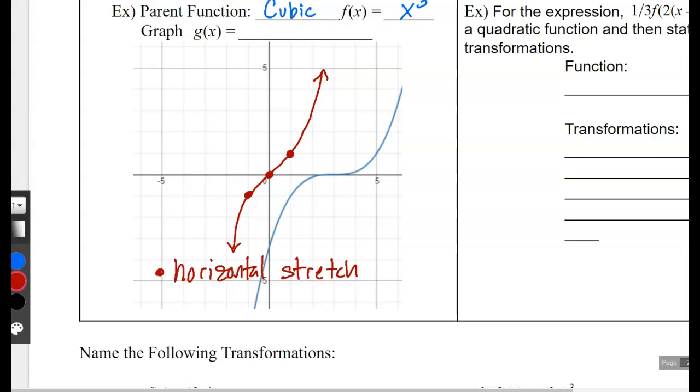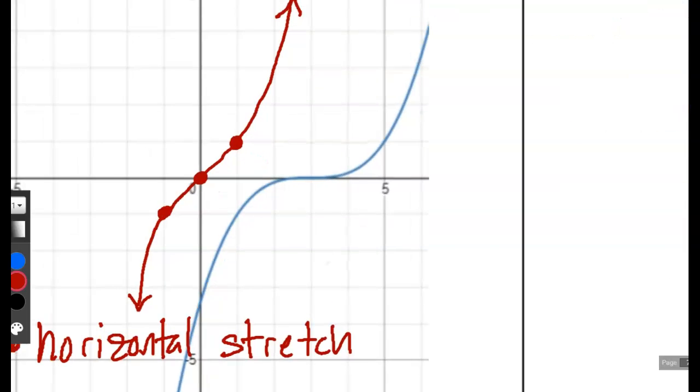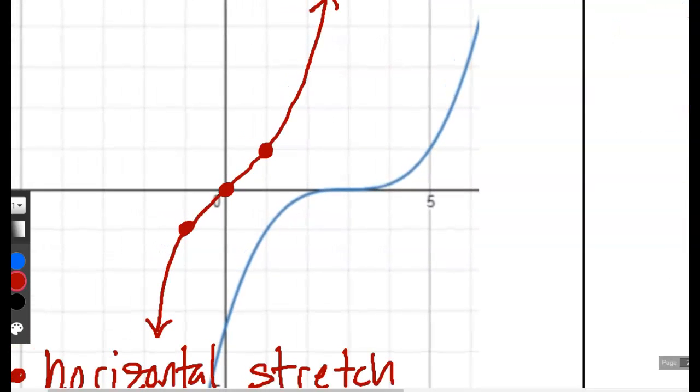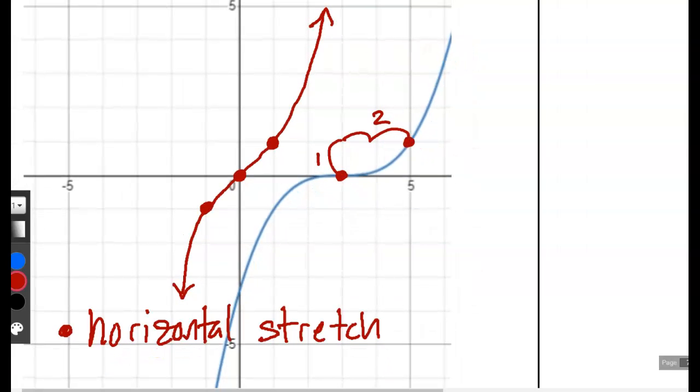Now, if I'm looking at this graph from the center of my new graph that's on 3, 0, to get to my next perfect point from the center, how much did I go? Up 1 over 2. B is a half.